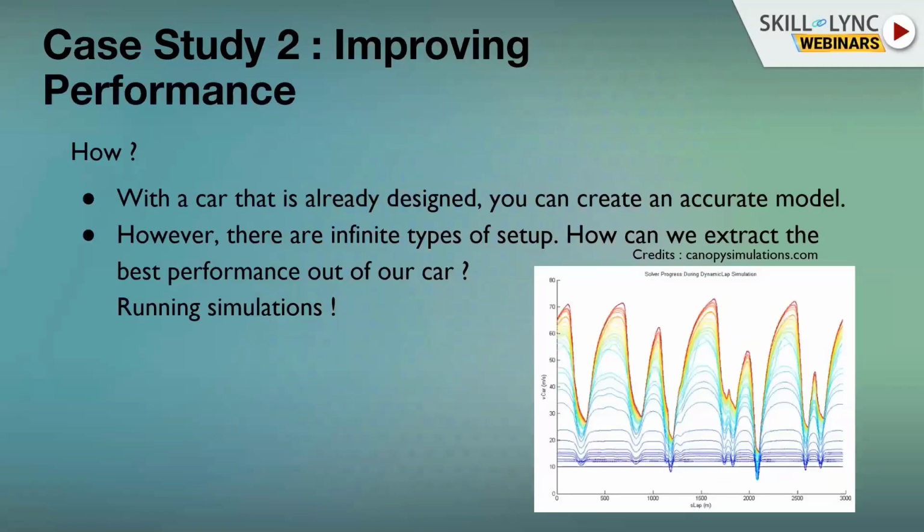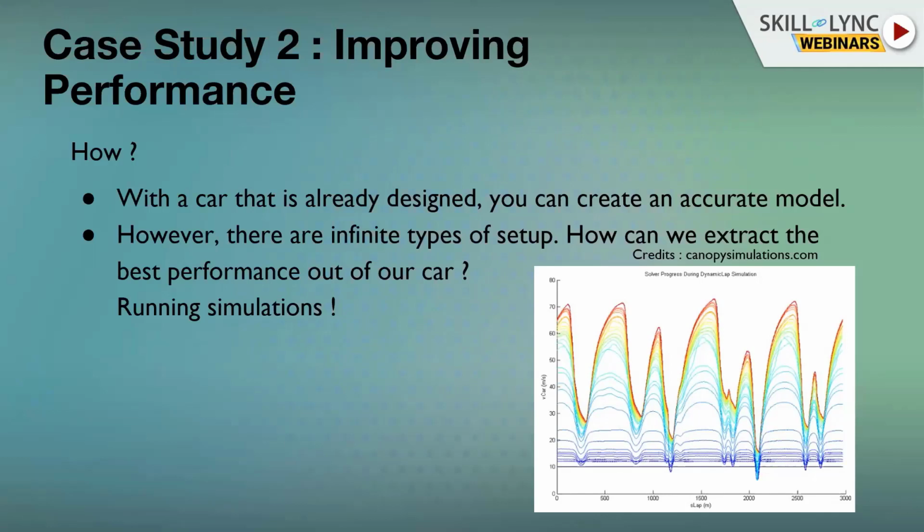But there is also the case where you will work in a team, and sometimes the car is already built, so there's no way to develop a car, but you should be able to search for improvement areas of the car.